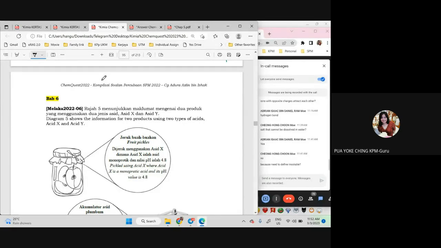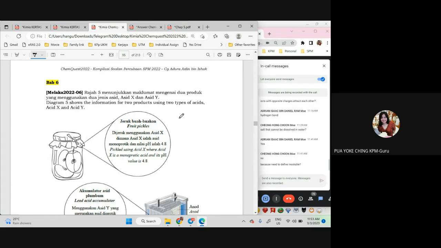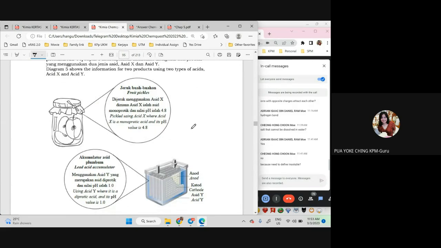Okay, tapi tak ada masalah. Ada satu tadi saya tertinggal which is monoprotic and diprotic acid. Itu kena tengok balik juga. So this one, these questions, this is 2 acid, Melaka.